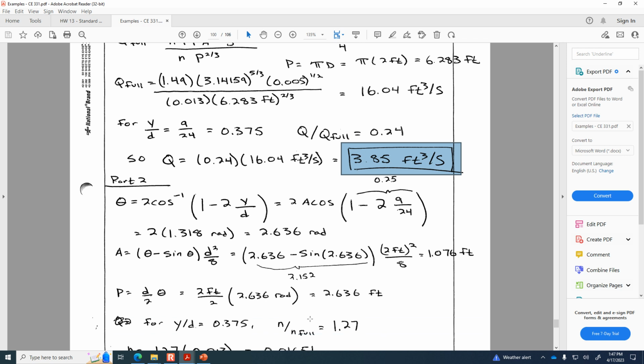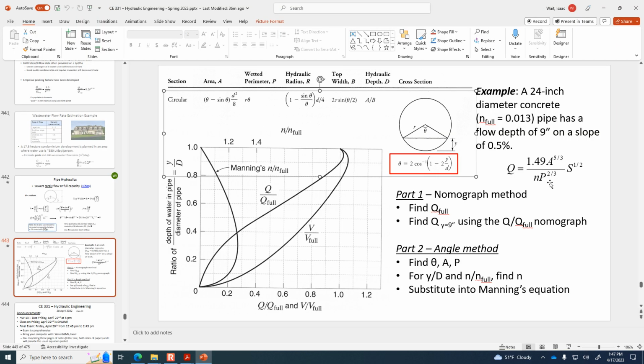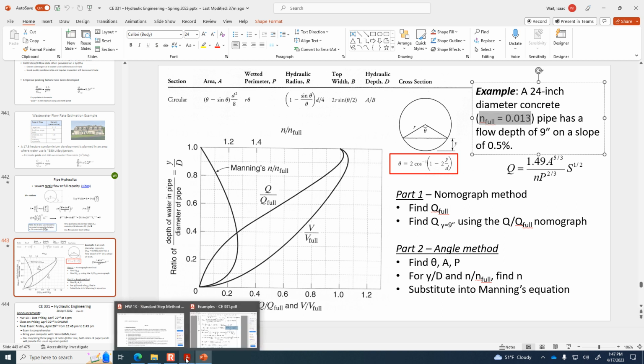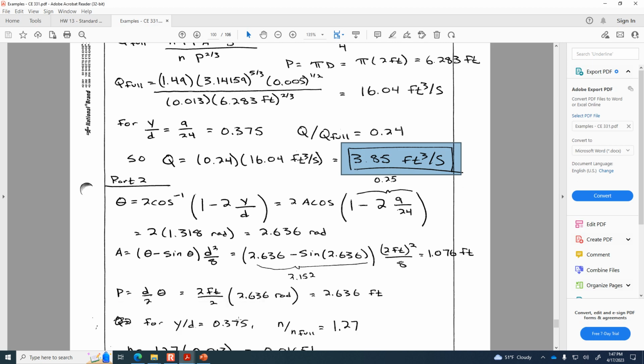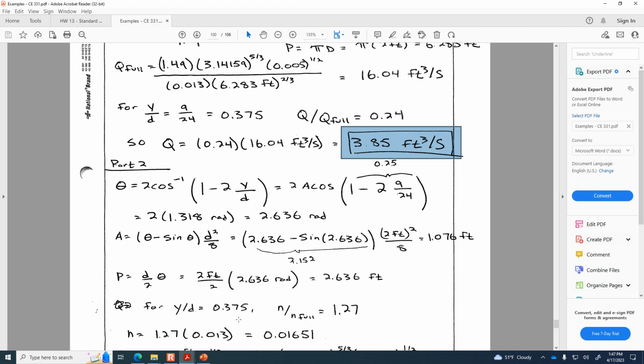So that means the n value when it's full is 0.013 for concrete. That was given in the problem statement, that the full n value is 0.013. So now the n value when it's only partly full is even higher. And the reason why it's higher is because there's more wetted perimeter relative to the amount of area that's present.